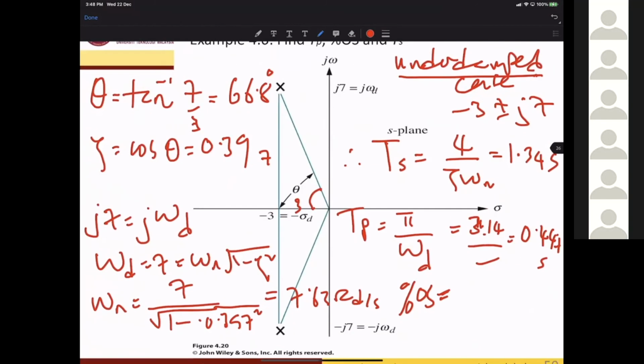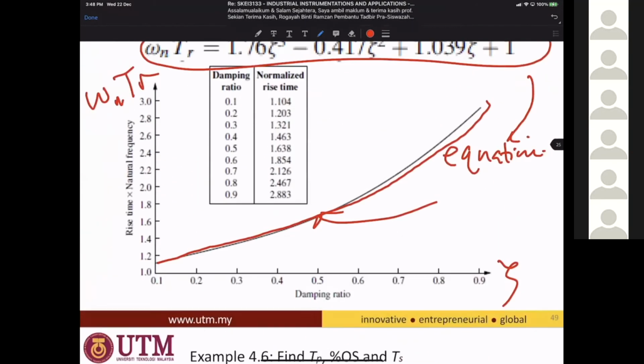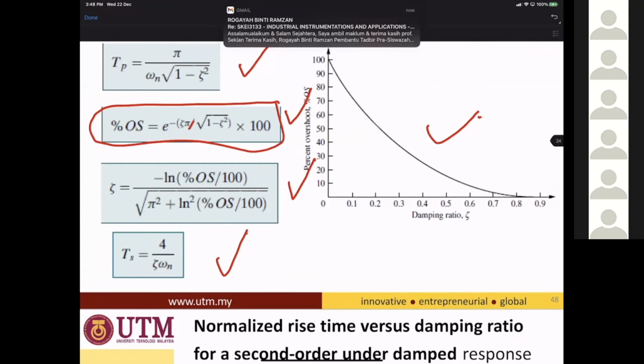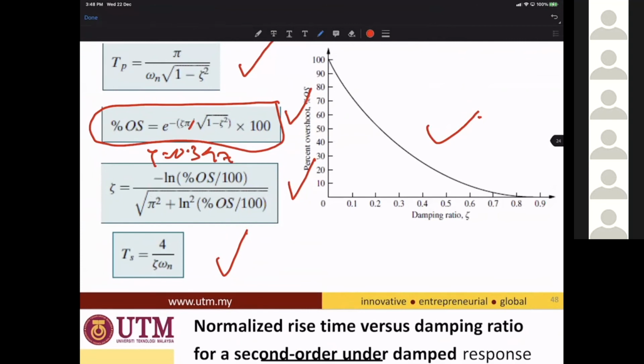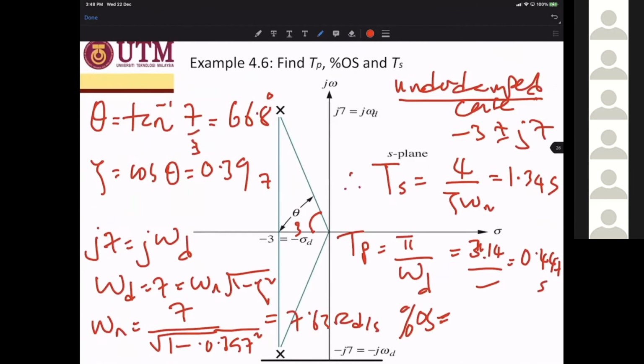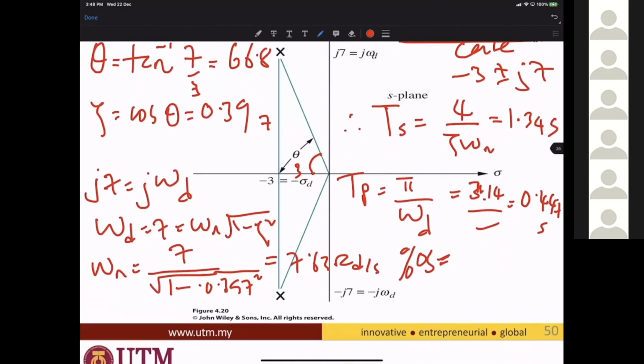Zeta is exponent in negative 0.397 divided by square root of 1 minus 0.397 squared, times pi. Multiply by 100 and we get 25.69.